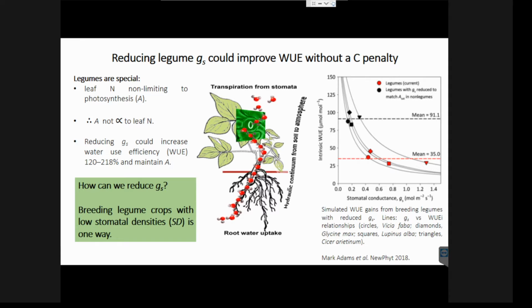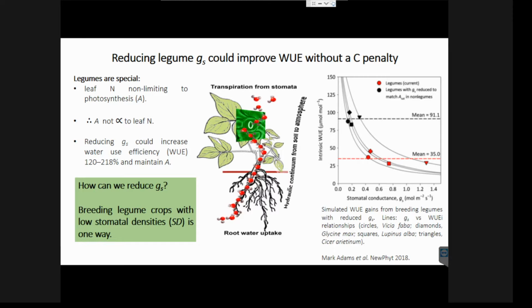So legumes are of particular interest for me because what we can see in cereal crops may not hold for legumes because of this nitrogen specialism that they have with symbiosis with rhizobial bacteria. So unlike cereal crops, leaf nitrogen is usually non-limiting to photosynthesis.